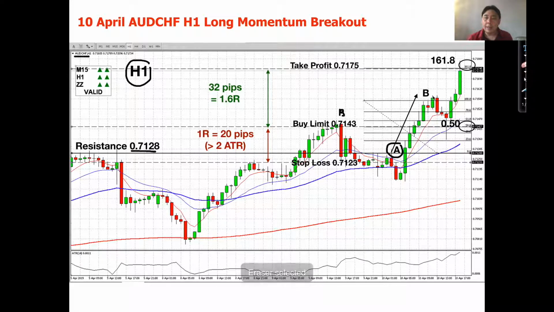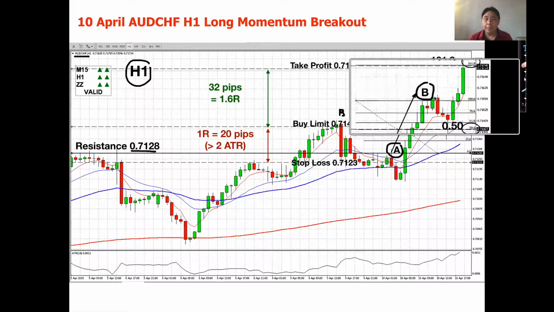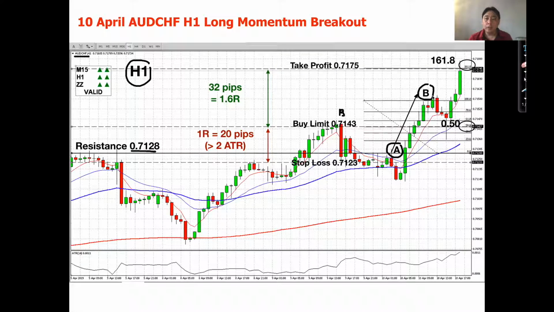Okay, so once I've identified my A and B, what do I do? Take my Fibonacci tool, click on B, which is the high of the candle, and drag it to A. Once I drag it, I get to see the two levels again.